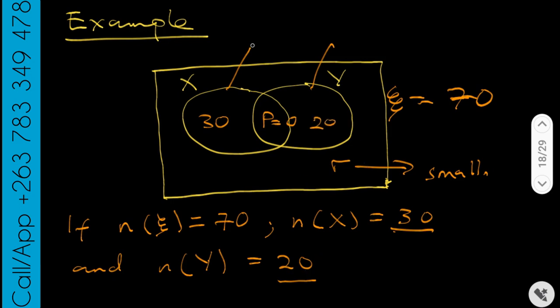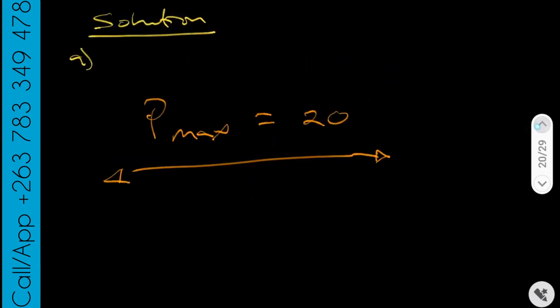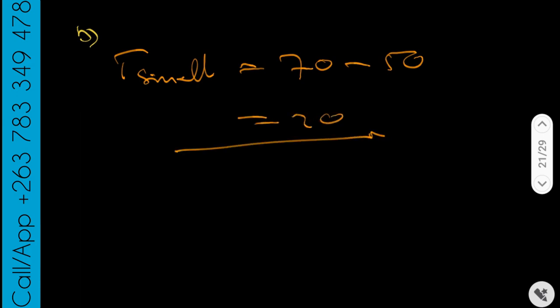So these two sets will then add up to give you 50. Right? Now, knowing that the total of the universal set is 70, I'll just say 70 minus 50 to get the smallest value R can be. So the smallest value R can be is going to be 70 minus 50, and that gives you 20. That's the smallest value R can be.